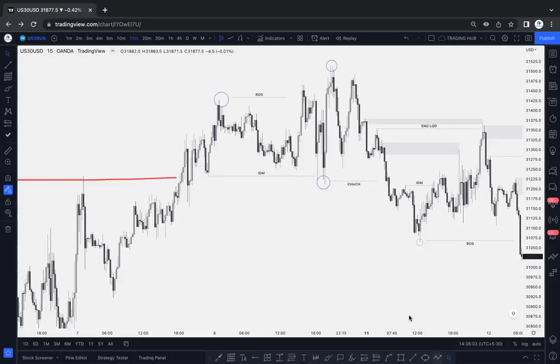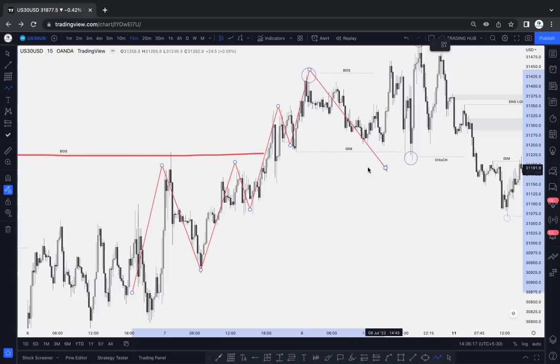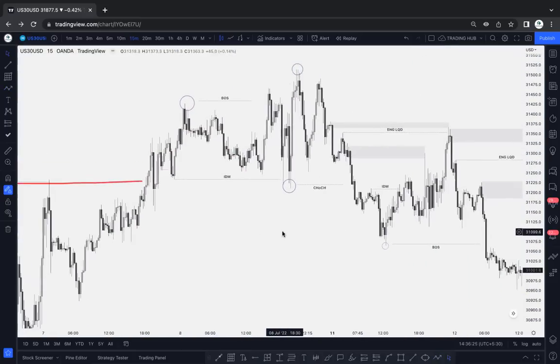The actual leg is here. Let me show you exactly. Like this. Once market takes out this and goes higher, this low is confirmed and broke the structure, and this is a major change of character.